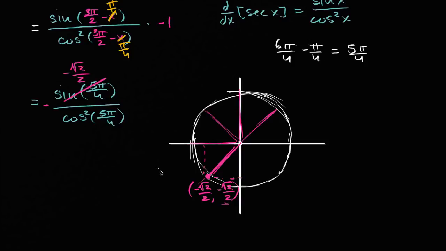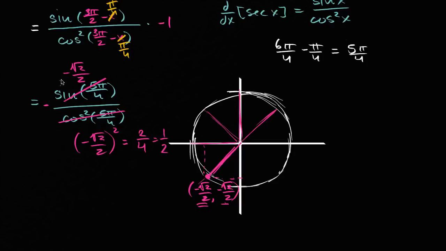And then the cosine is the x-coordinate, which is also negative square root of 2 over 2, but it's going to be that squared. If we square this, it's going to become positive. Square root of 2 squared is 2, and then 2 squared is 4. So it's 1/2. The denominator is equal to 1/2.